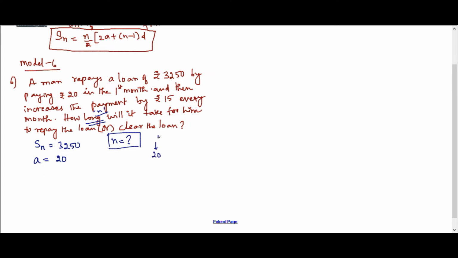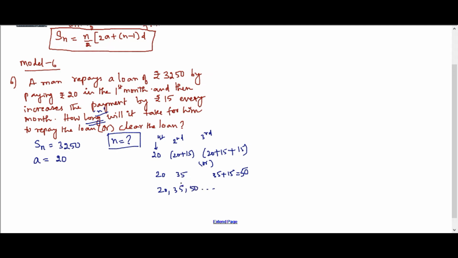Then the second month he has to pay 20 plus 15, because he is increasing the payment every month. So the third month it should be 20 plus 15 plus 15, or you can write, this will become 35, so 35 plus 15 will become 50. So 20, 35, 50 and so on is my sequence.